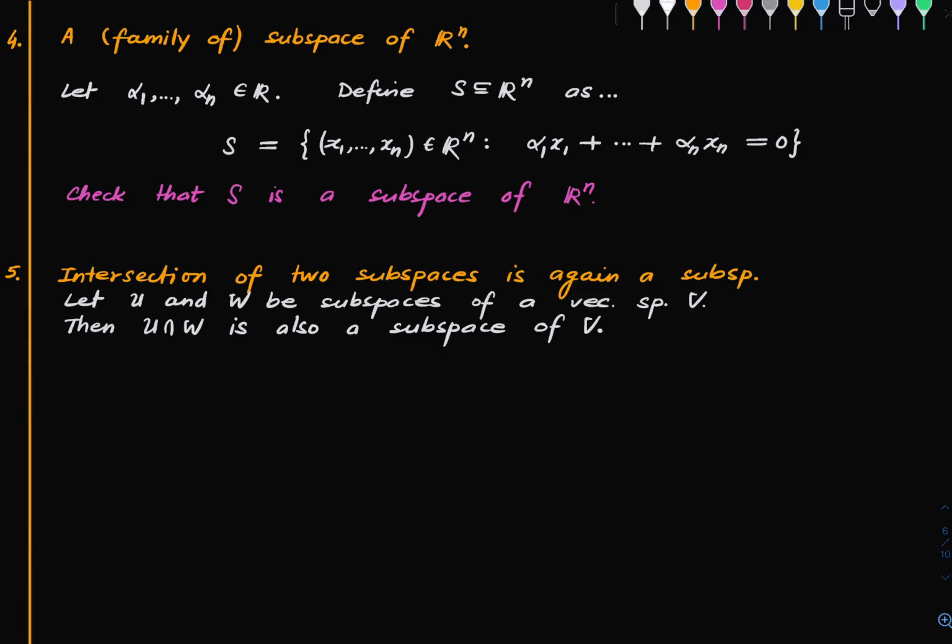That is important. Okay, lastly, I will just expand on this, or maybe I'll call it 5 prime: the intersection of any family of subspaces, of any collection of subspaces, is again a subspace.